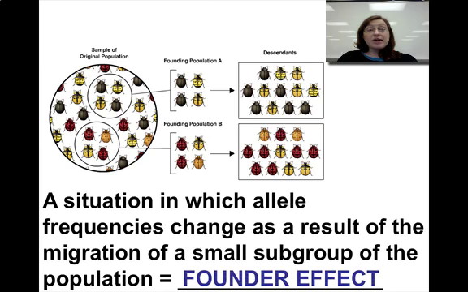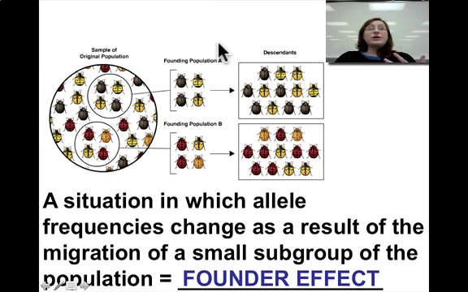We call this a founder effect. A founder effect is the result of genetic drift, a change in allele frequency due to a very small population. This is one of the things that can cause evolution that has nothing to do with natural selection. There's no pressure in the environment here to be brown or yellow. It just so happens that the founding population only were brown and yellow.